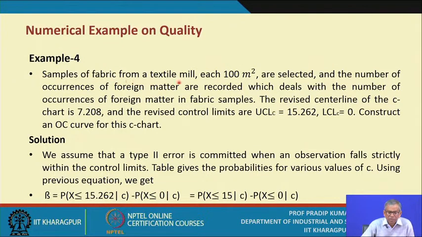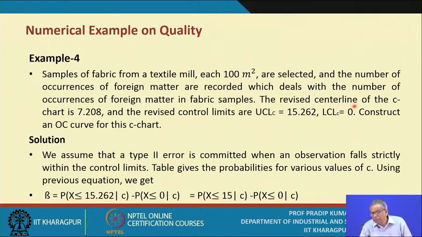Samples of fabric from a textile mill, each of 100 square meters, are selected, and the sample size is constant. The number of occurrences of foreign matter, which is considered a defect, is recorded for each sample.